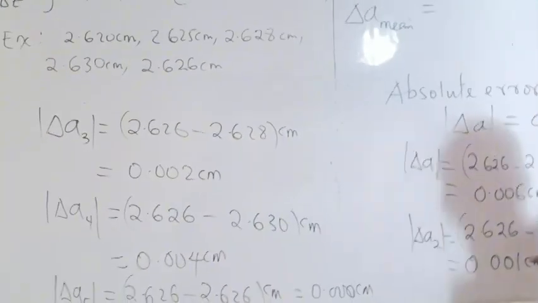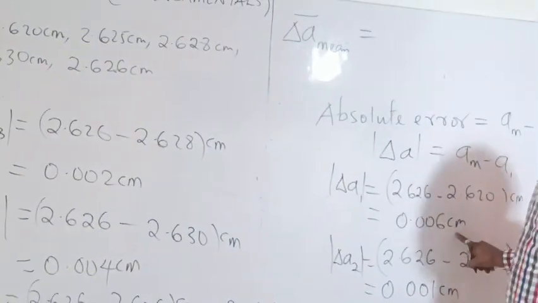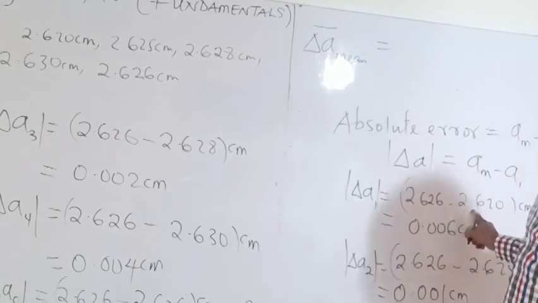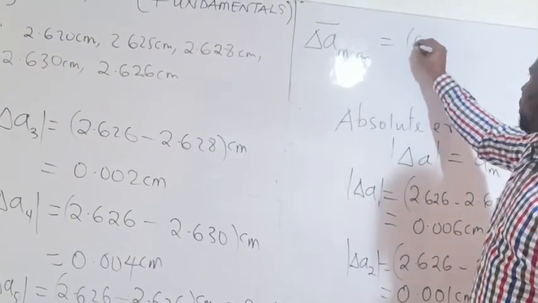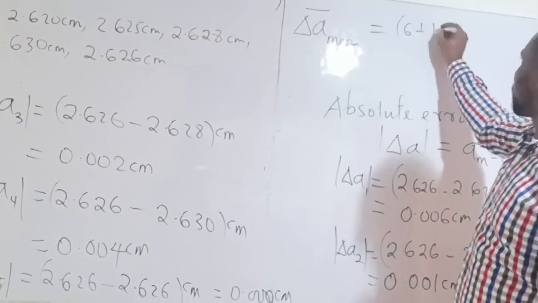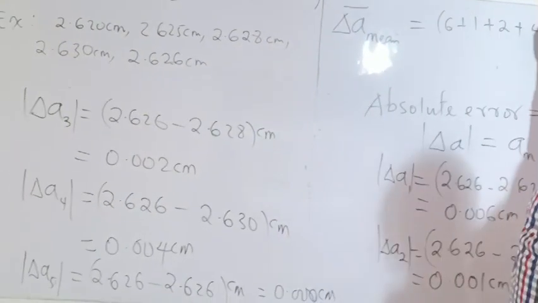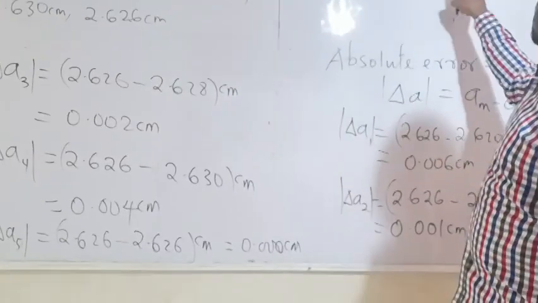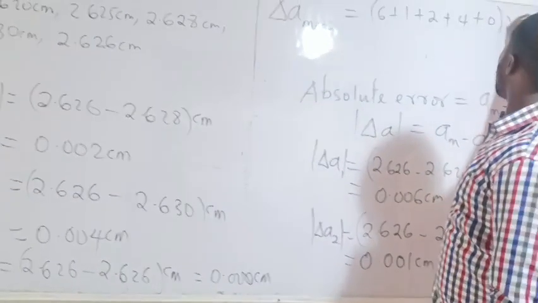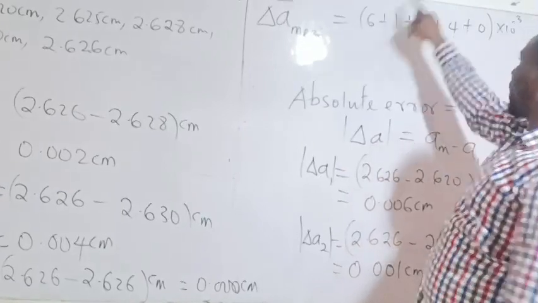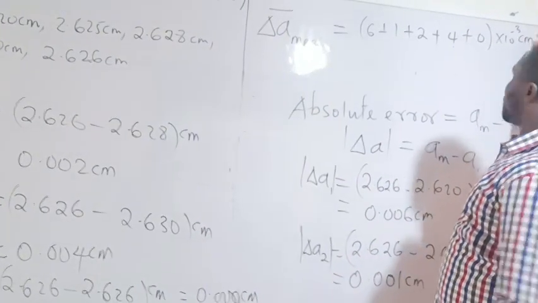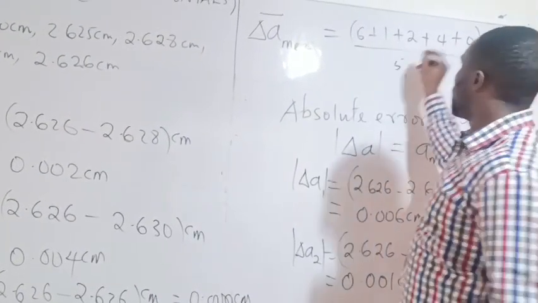If you look at the terms, they are all to three decimal places, so I could just factor out the 10 raised to the power minus 3. This becomes 6 plus 1 plus 2 plus 4, and plus 0, all times 10 to the power minus 3. That was what I factored out. This is in centimeters, and I will divide this by 5.